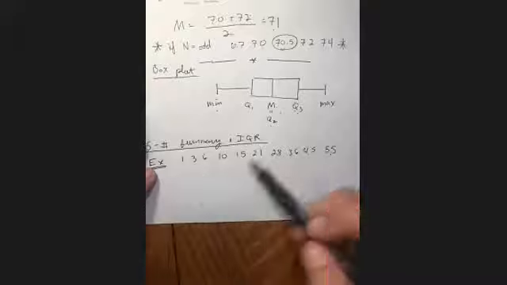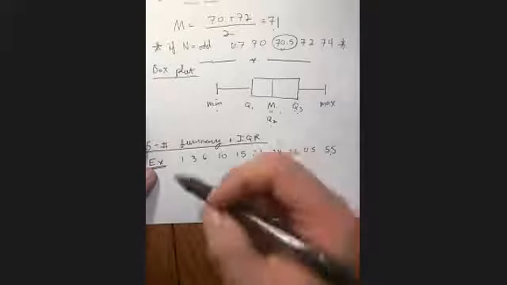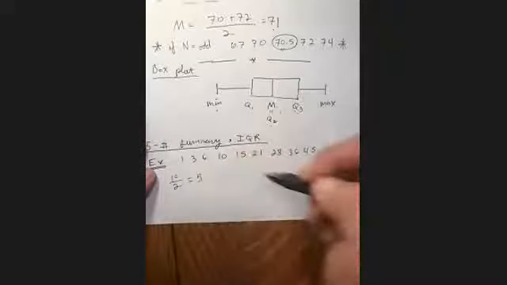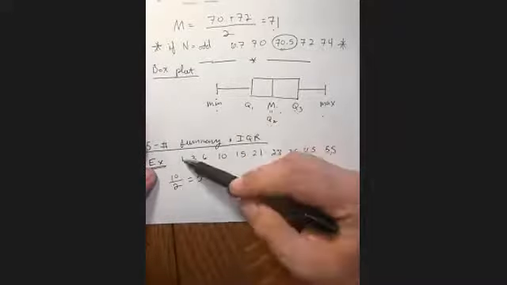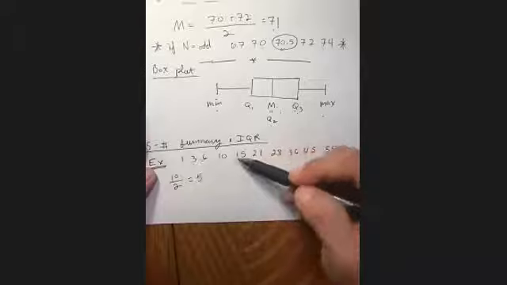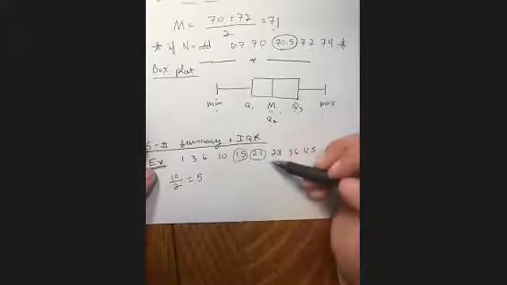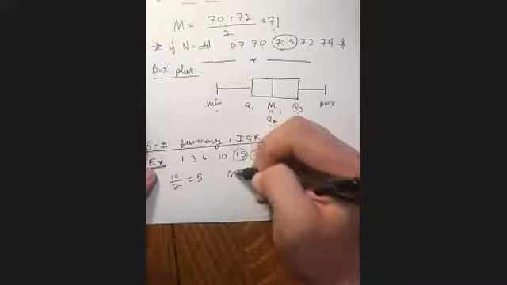So what we do is we take 10 and divide it by 2, and that gives us 5. And so we count up 5, 1, 2, 3, 4, 5, and then we take the next one up. These are the two numbers that we're going to average to find the median.